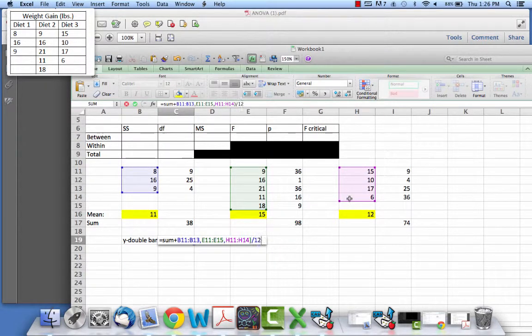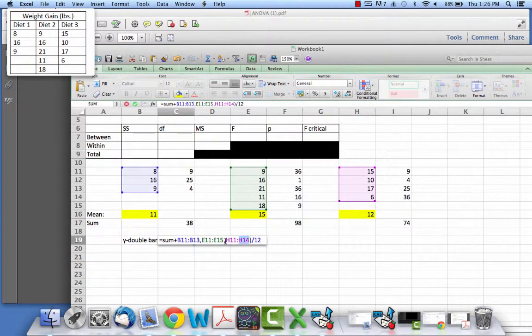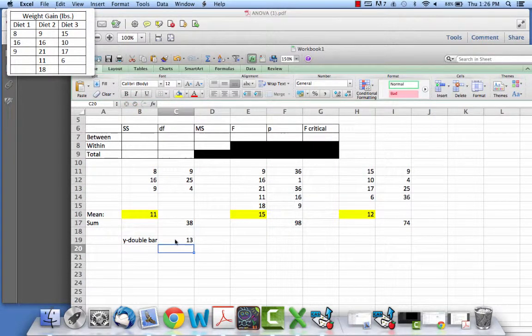Back at 12. Okay, so the total average is 13.